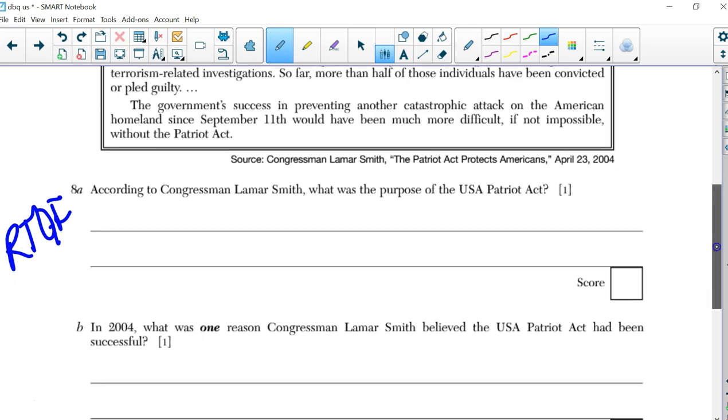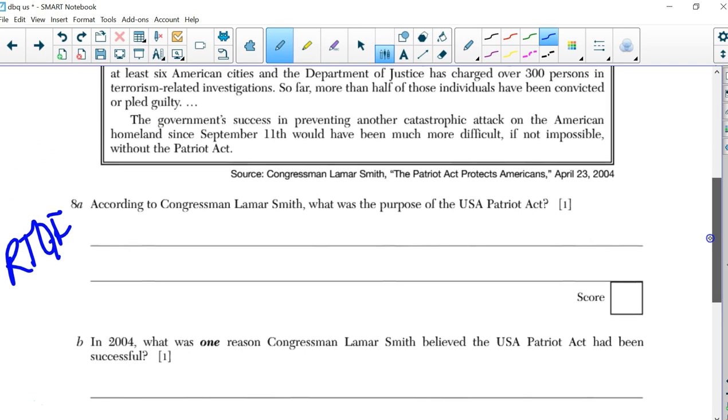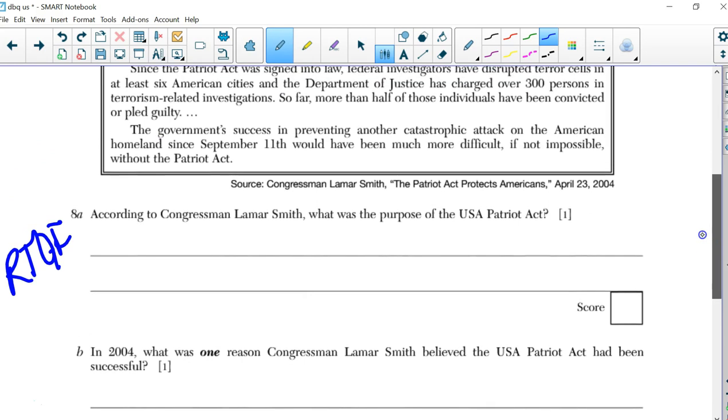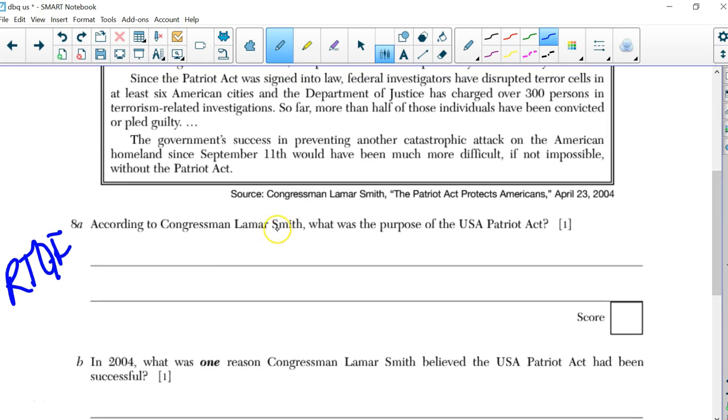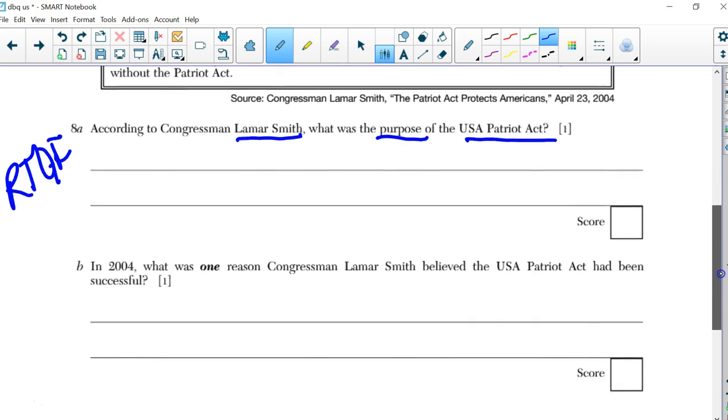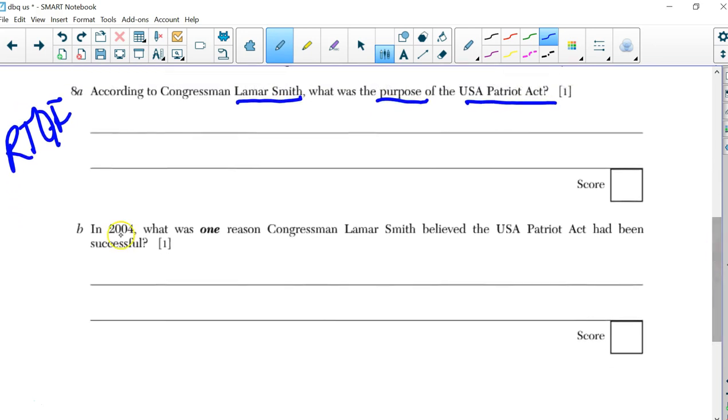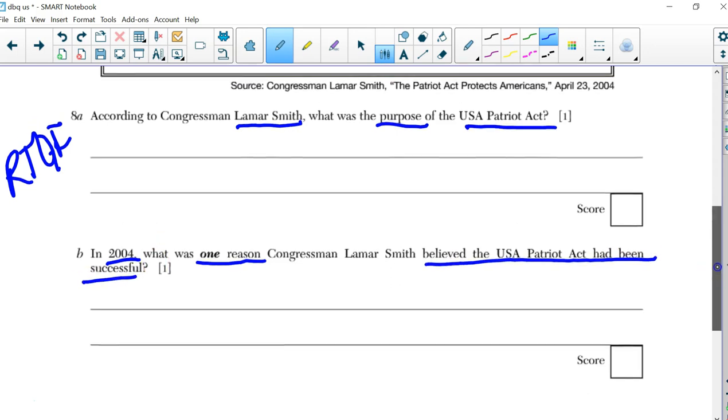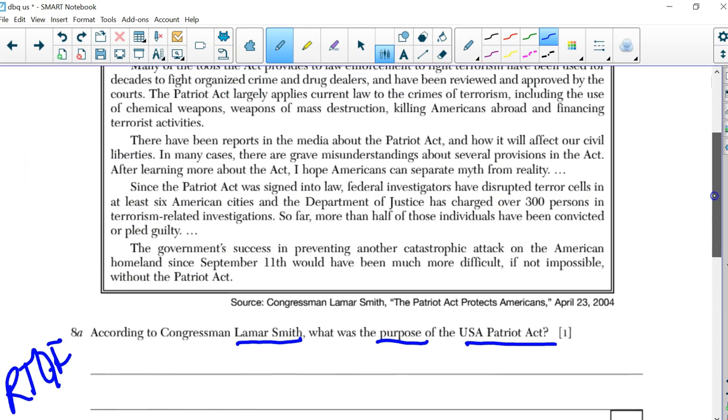I always call it the U.S. Patriot Act. Apparently it was the USA Patriot Act. And question 2, in 2004, what was one reason Congressman Lamar Smith believed that the USA Patriot Act had been successful? So this is 3 years after it was put into effect.